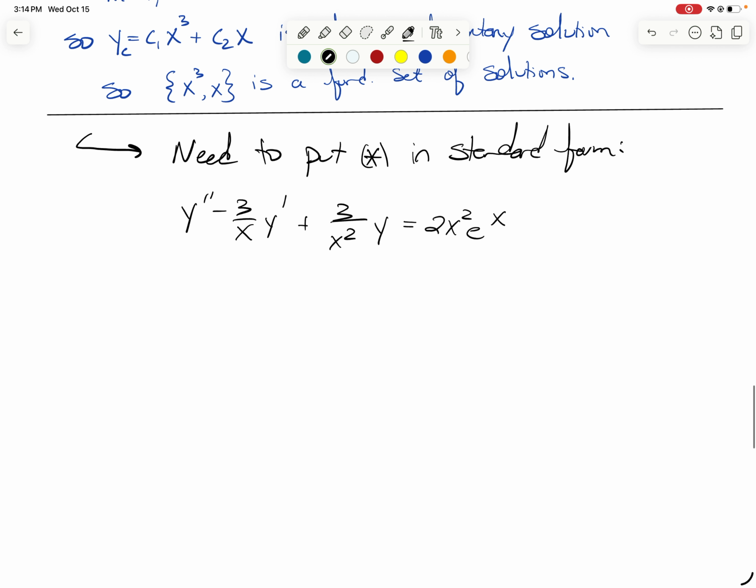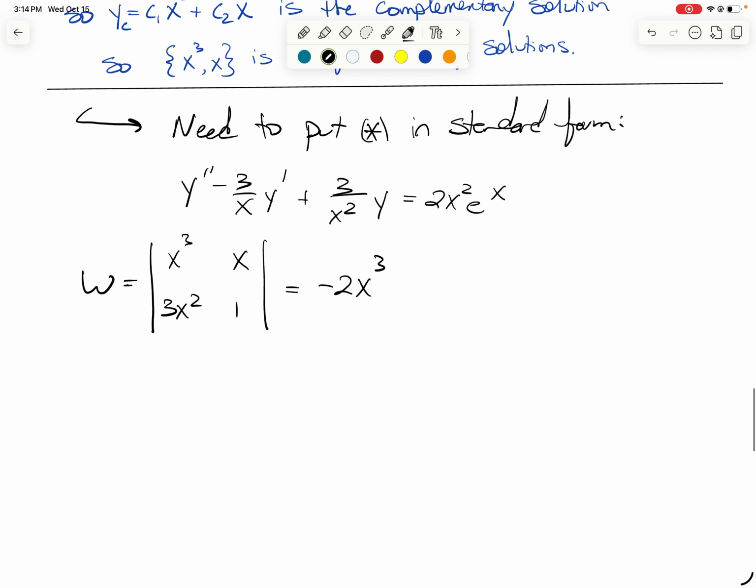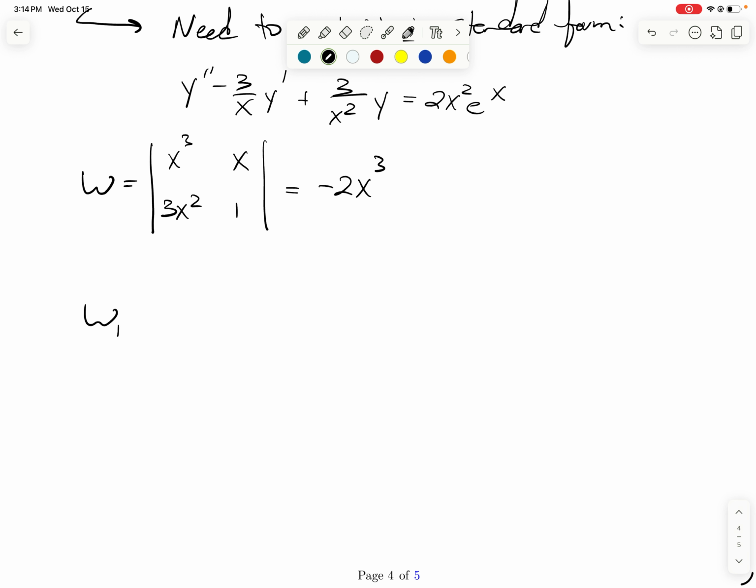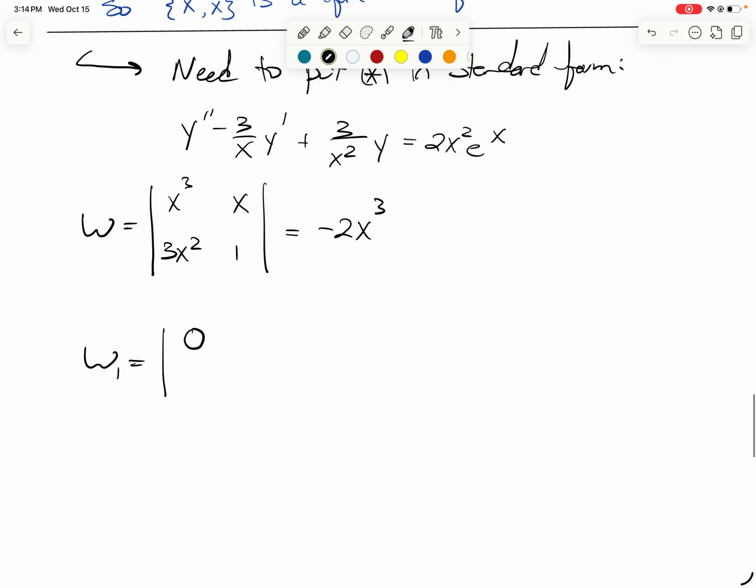The Wronskian here, I'm going to write down my two solutions, x cubed and x, 3x squared and 1, and I'm going to get out minus 2x cubed, just like we did. It's the W1 and the W2. So I actually don't write the original function down. I write the modified function coming from the version of my differential equation where there's a leading coefficient of 1 right here.